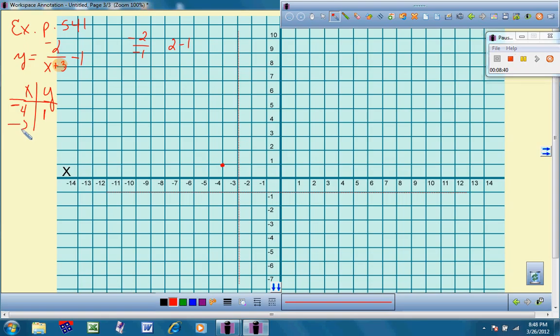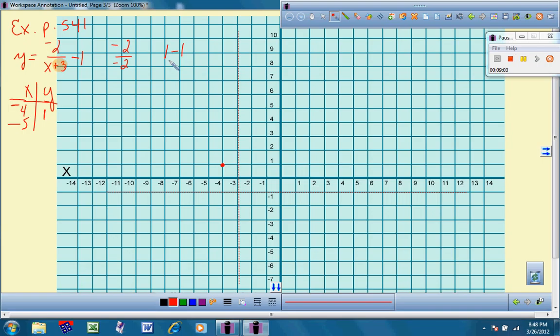Alright, so let's see what happens when x is negative 5. When x is negative 5, we're going to plug in negative 5 in our denominator. Negative 5 plus 3 is negative 2. So we would have negative 2 over negative 2, which is 1. Then we have to plug in our k value of negative 1.